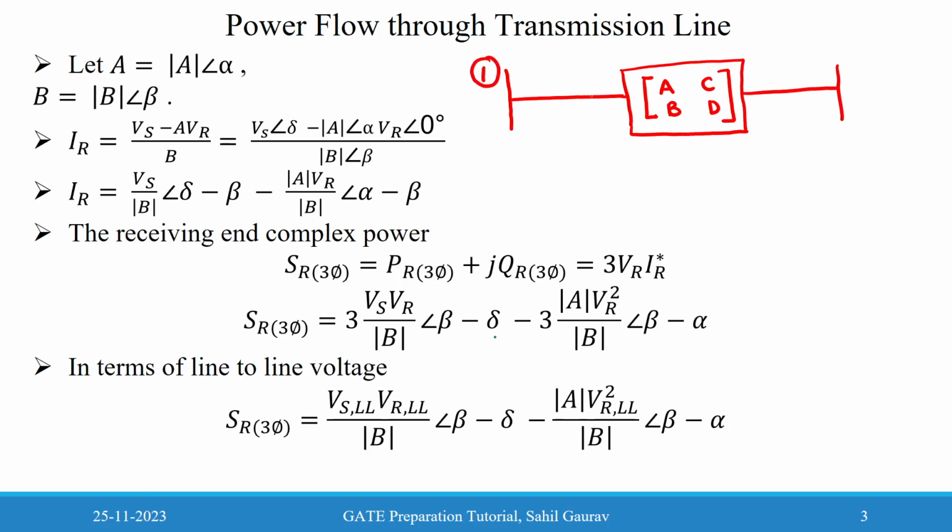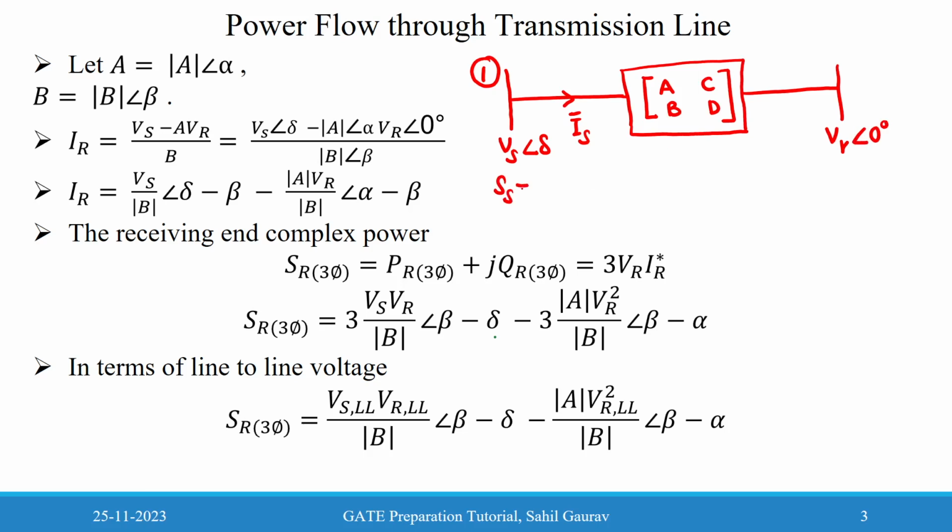So this is bus 1, and on this side we have the sending end current, and this voltage is Vs at angle delta. Vs, we are not taking as mod, just take it as magnitude Vs simply, and this receiving voltage is Vr at the angle of 0 degree.